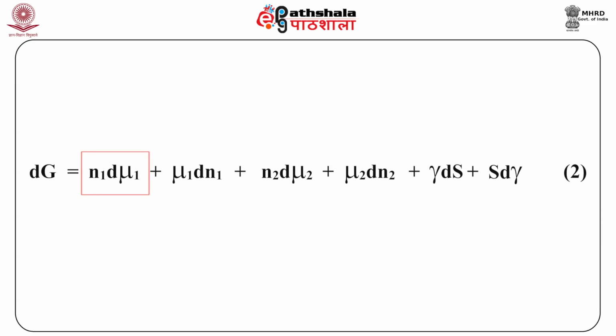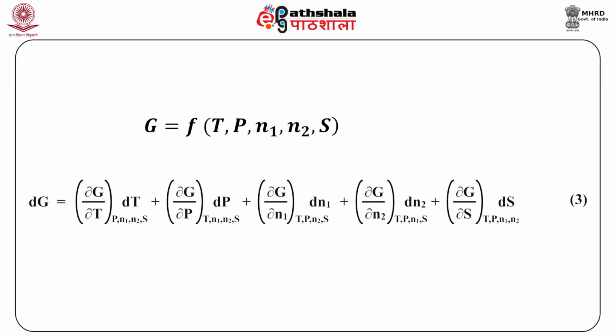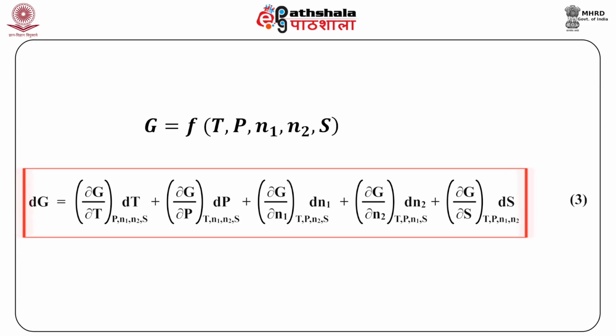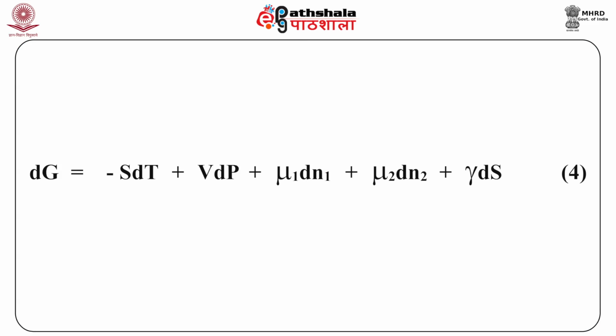Therefore, the variation in the total Gibbs free energy of the system will be given by equation 2 as dG equals N1 d mu1 plus mu1 dN1 plus N2 d mu2 plus mu2 dN2 plus gamma dS plus S d gamma. Since G is a function of temperature, pressure, N1, N2 and S, we have equation 3, or we can write dG in the form of equation 4 as equal to minus S dT plus V dP plus mu1 dN1 plus mu2 dN2 plus gamma dS.